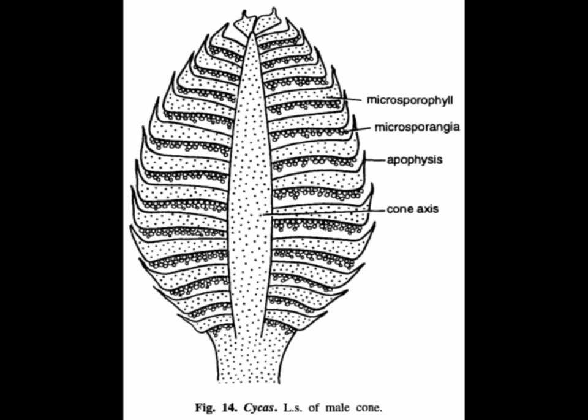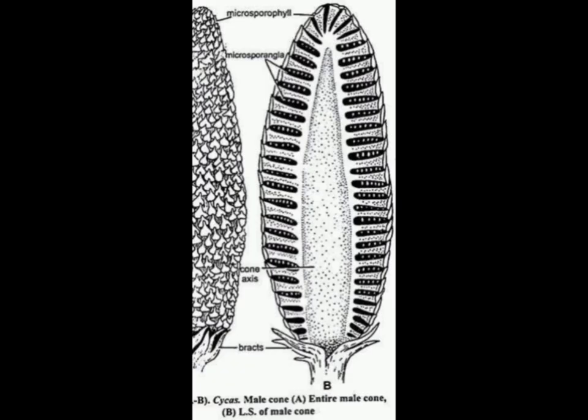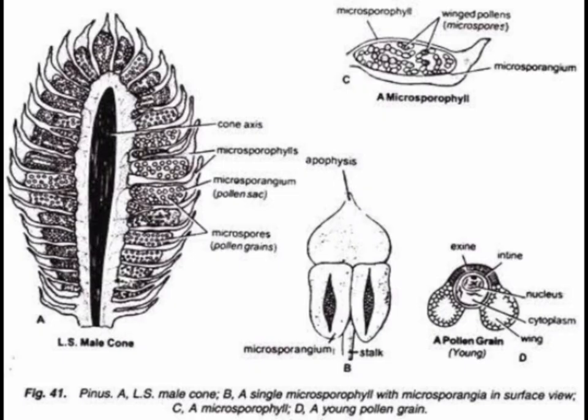So the microsporophyll has a narrow basal portion and a pointed upper portion. This pointed upper portion is termed the apophysis, and it is the narrow base that helps the microsporophyll attach to the cone axis. The microsporophylls are attached to the cone axis by means of a short stalk-like structure.